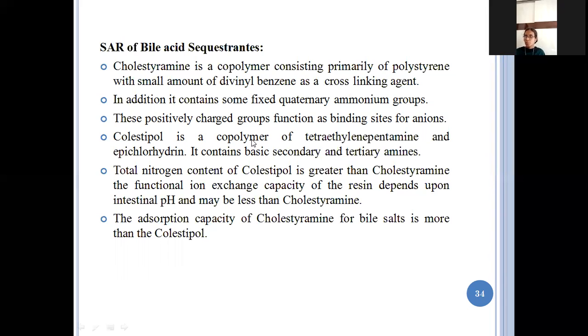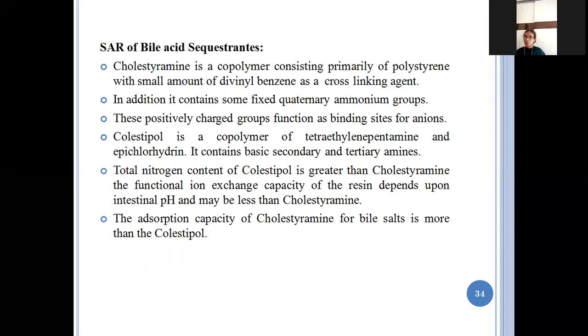Colestipol is a copolymer of tetraethylenepentamine. It consists of primary, secondary and tertiary amines. The total nitrogen content of Colestipol is greater than that of cholestyramine.